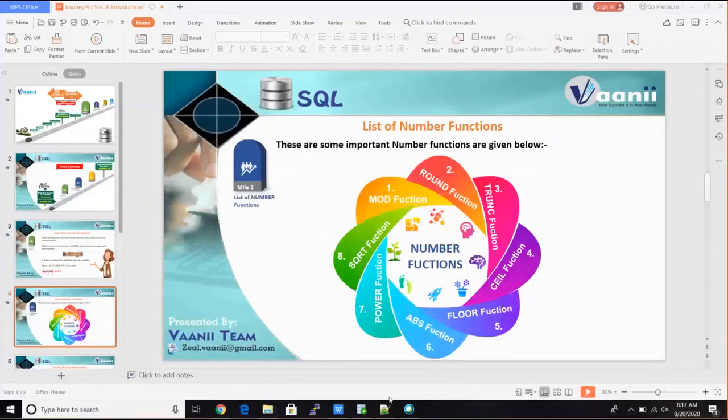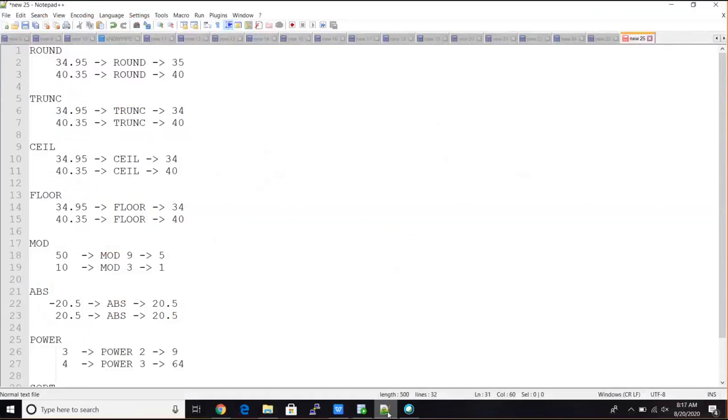If I show you some examples, you can see here round. It will just round up this value. So if I take $34.95, for example, and round it, we remove this cent part. In normal life also, you might have gone to a shop and the guy told you the price is $30.40.